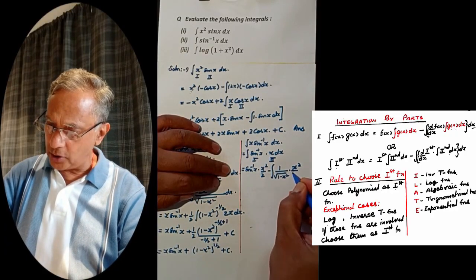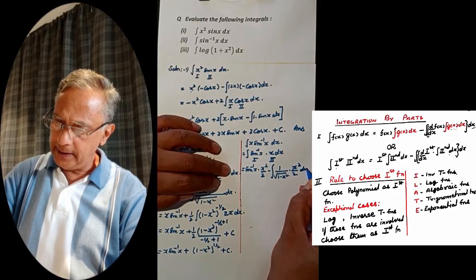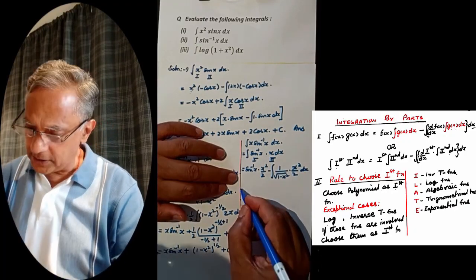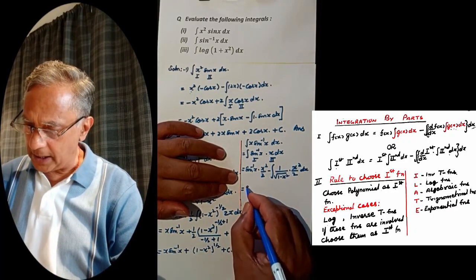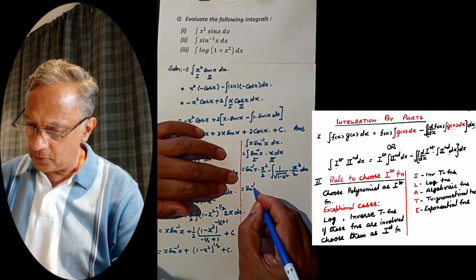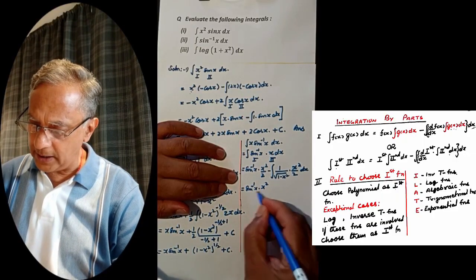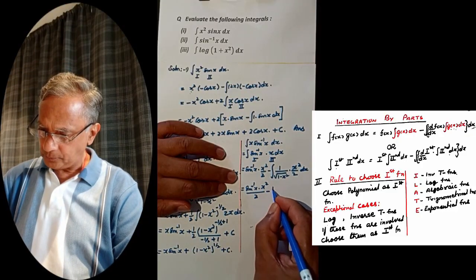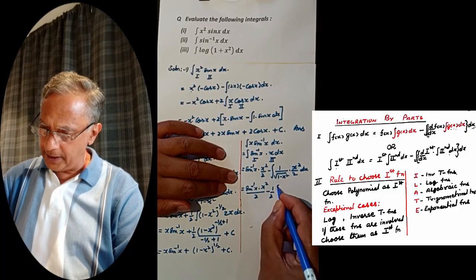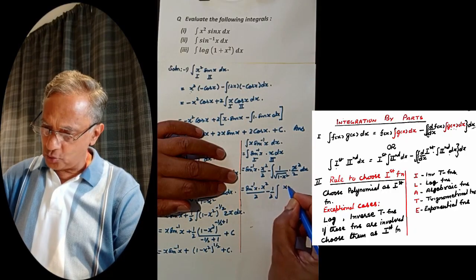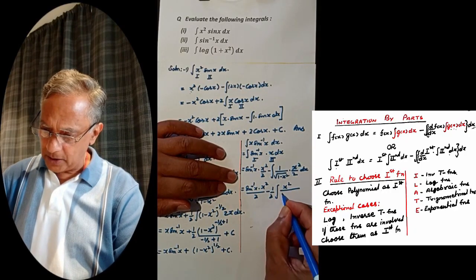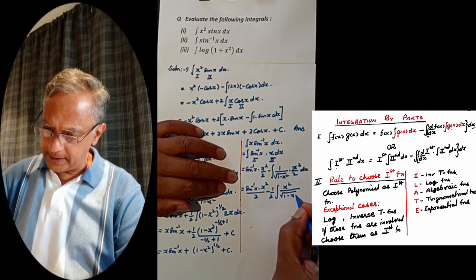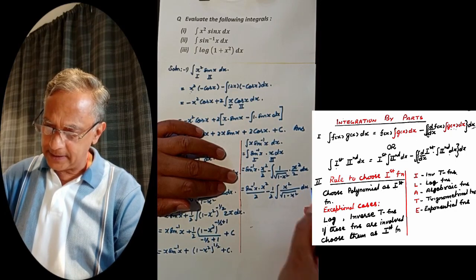So this is x square by 2 dx. So this can be written as sine inverse x into x square by 2 minus 1 by 2 integral x square over under the root 1 minus x square dx.